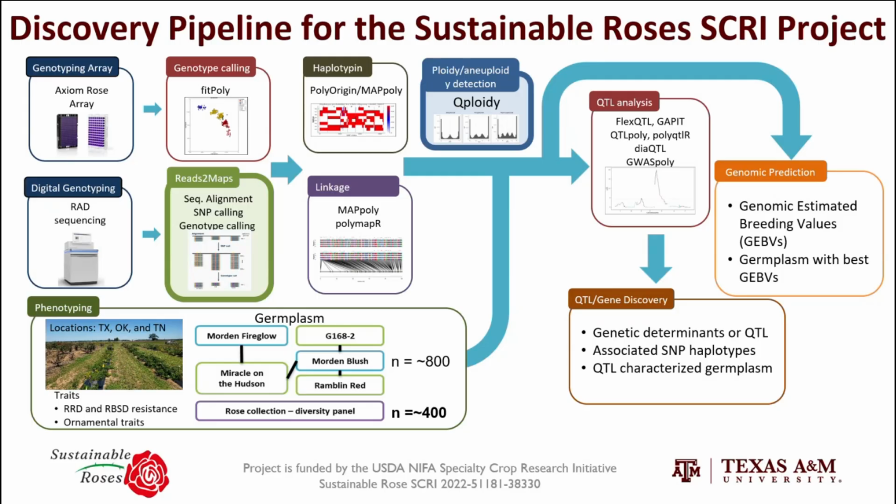Mapping populations are the product of crossing two varieties or two accessions, so the genetic diversity segregating in that population traces back to two parents. But if we look at germplasm collections, we're looking at a broader array of diversity, so hopefully we'll find more things than we can find in mapping populations. Therefore, we're moving from mapping populations to germplasm collections little by little, as we learn how to do that better based on the tools that are available.